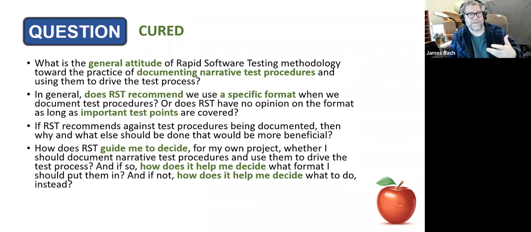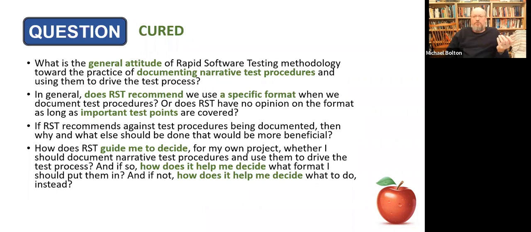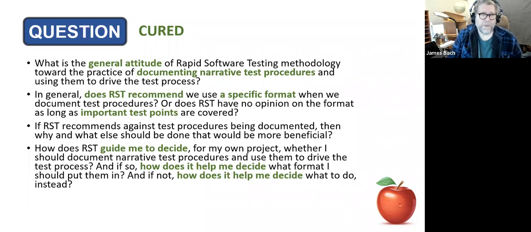So by narrative test procedure, I'm talking about the classic step 1, do this, step 2, do that, step 3, then do this. Because a checklist, for example, would afford you the mandate to do these things, but you don't have to do them in any particular order. Yeah. Right. Okay. So that's fine.